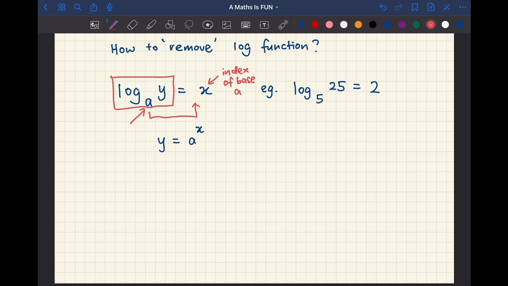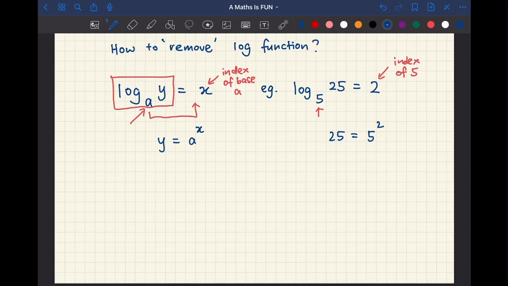A numerical way to look at it is this: log of 25 base 5 is actually 2. Later on you will learn something called the change of base law, which allows you to easily verify it, though I will not go into detail. The way to understand this is that the 2 is the index of the base 5. So if I remove this log function, 25 is equal to base 5 raised to power 2.